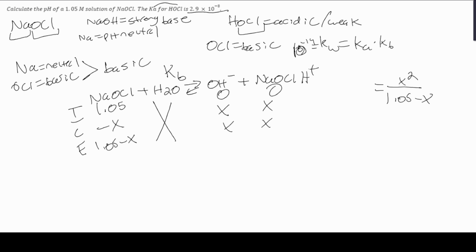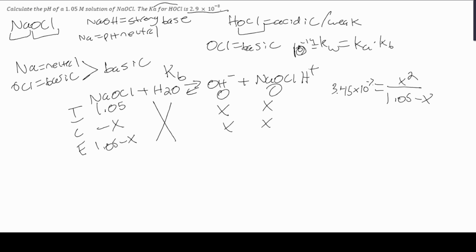That will give us 3.45 times 10 to the negative 7.